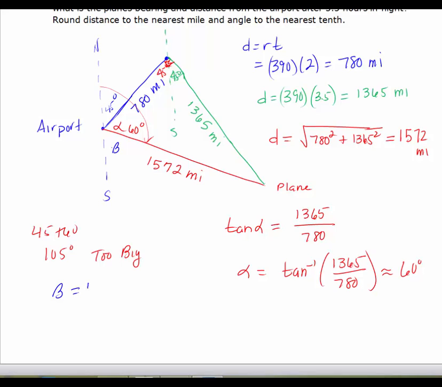So beta is going to equal 180 minus the 105. So we get 75 degrees. So if this little angle in here is 75 degrees, we now have a south bearing. So our bearing will be south 75 degrees east.